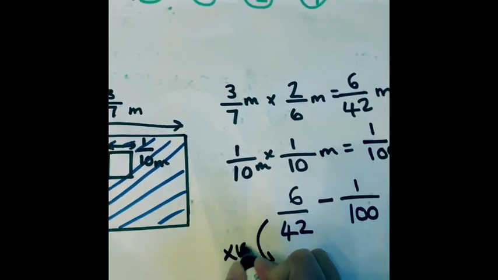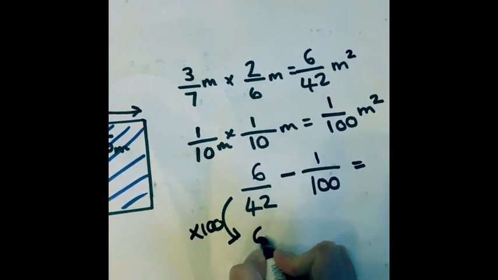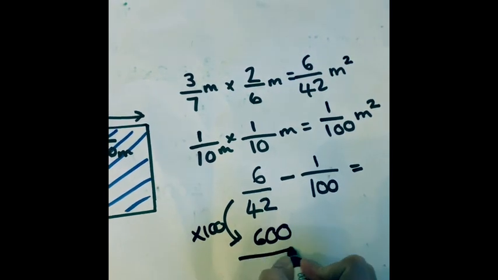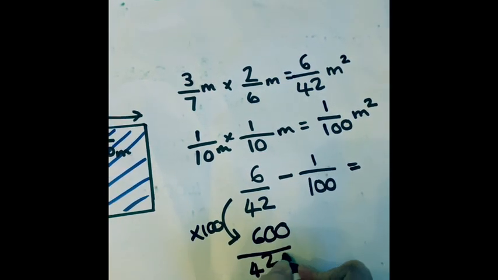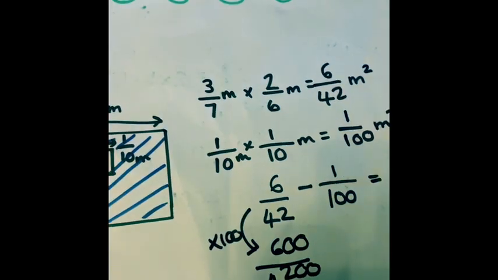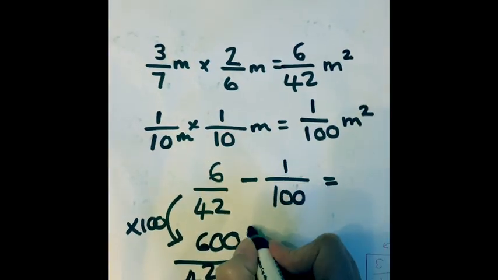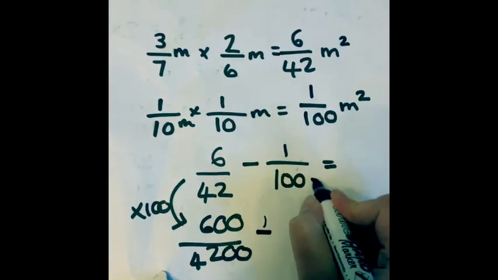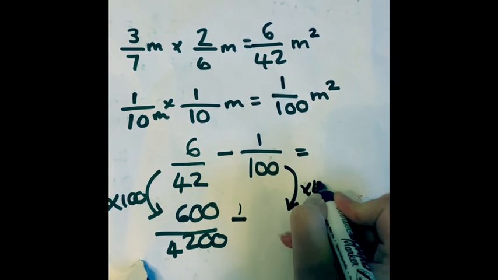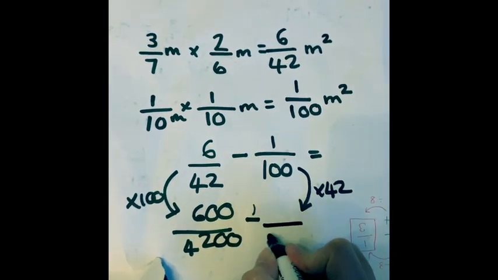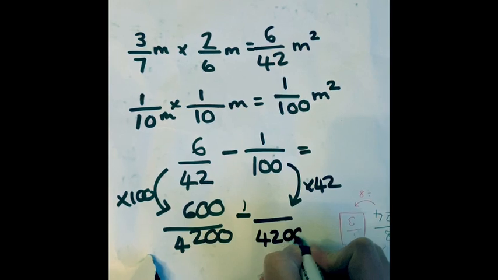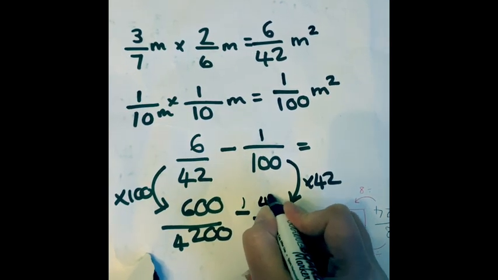So times by 100 would give me 600, and then 4,200. Then I'm doing this one, which is times by 42, which would give me the same denominator, which is what I want. And it would be 42 on the top.